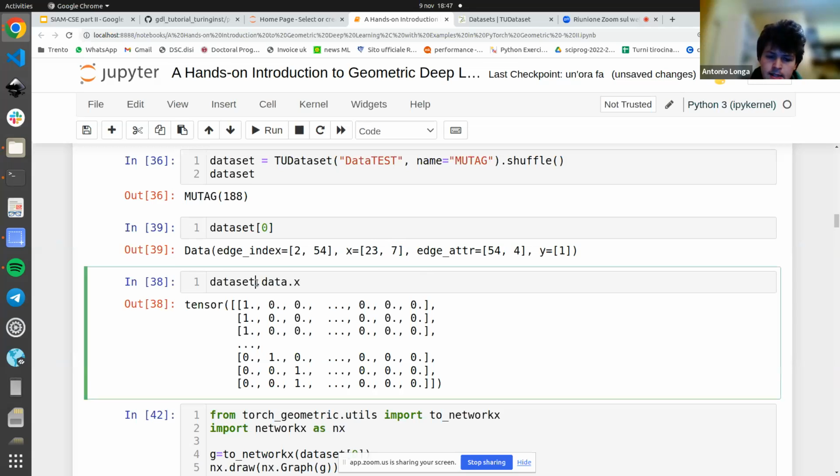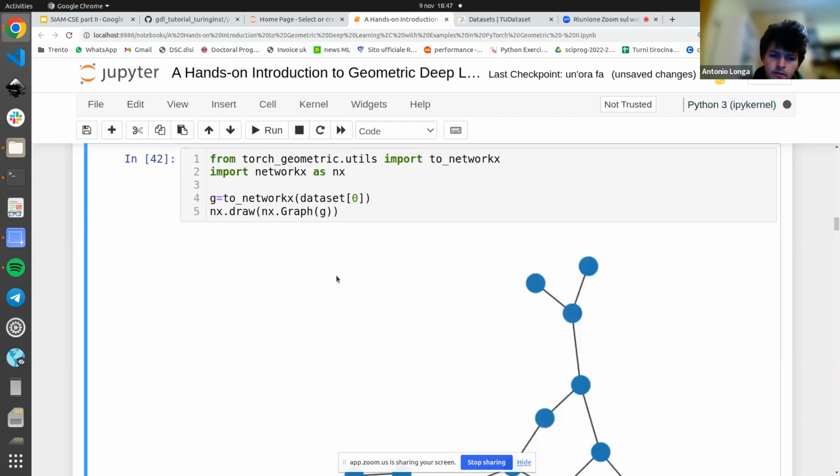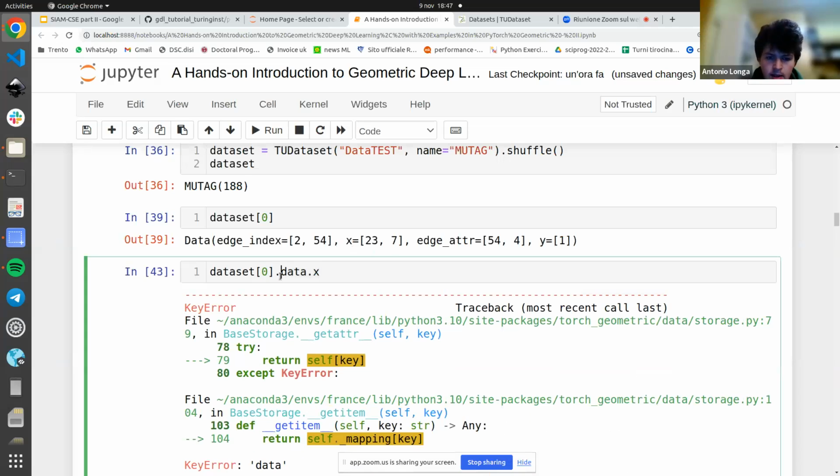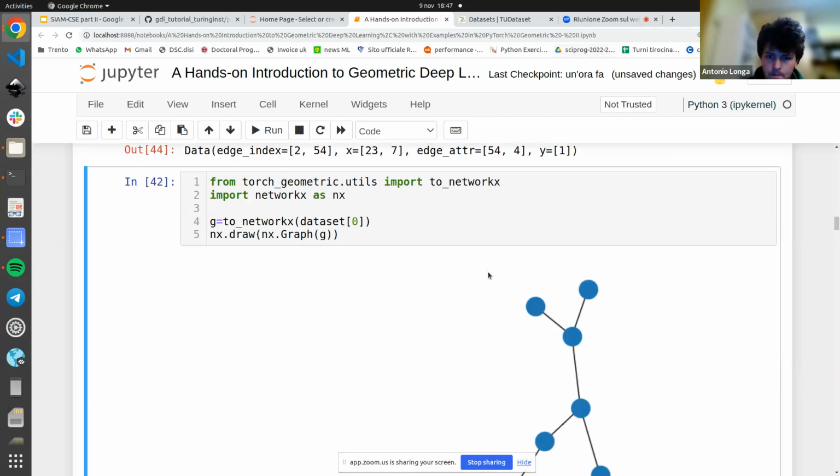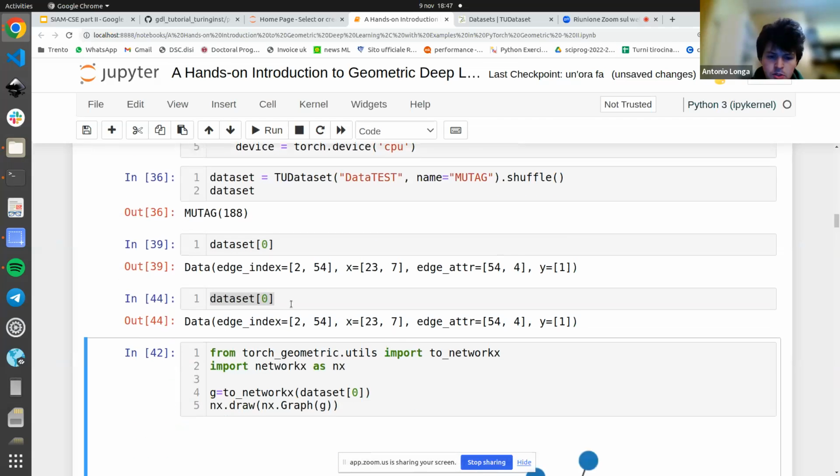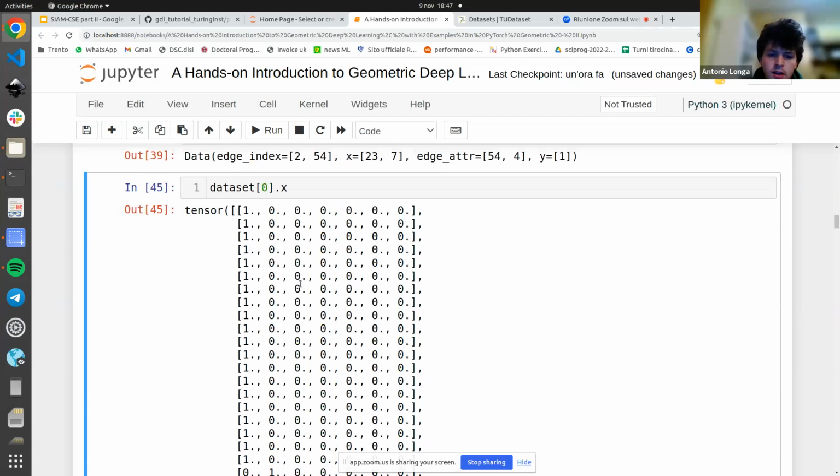So if I access the dataset in position 0 and have a look at the features, here you have the features of the nodes in the first graph. Okay, thanks.